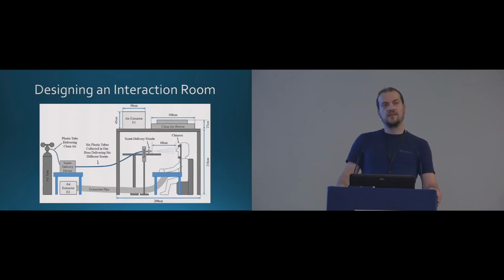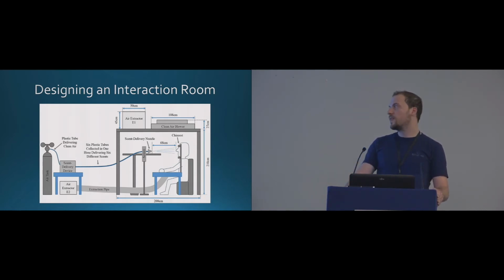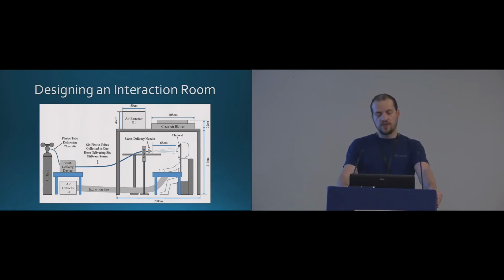The device itself is also located outside the room, and only the scent delivery tubes and the extraction pipe are going inside the room. And for the experiment, we have set up a chair and a table inside, and in order to keep the participants' head constant across the trials and across the experiments, we have used a chin rest.